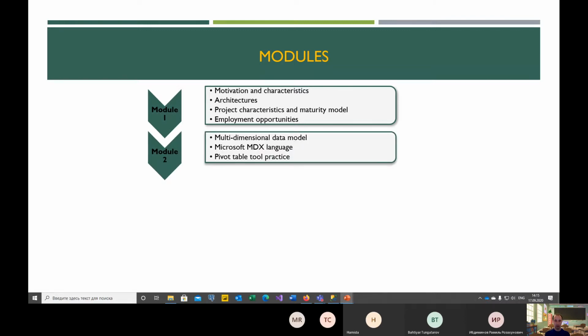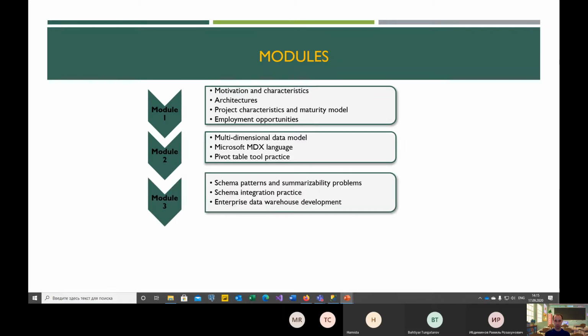In the second module, we describe the work with a multidimensional data model with the MDX language, and we also use the pivot table tool. In the third module, we have schema representation, some summarizability problems, schema integration practice, and the development of the data warehouse.